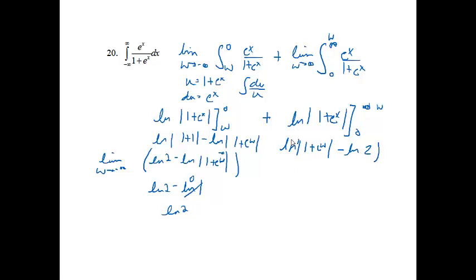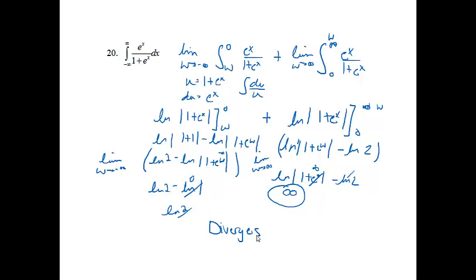And then this is as far as it can go, so we'll find the limit as w approaches infinity. When I do this, I'll get ln of 1 plus e to the infinity minus the natural log of 2. And e to the infinity is infinity, so this ends up being infinity. So I get infinity as my answer. So this integral diverges.